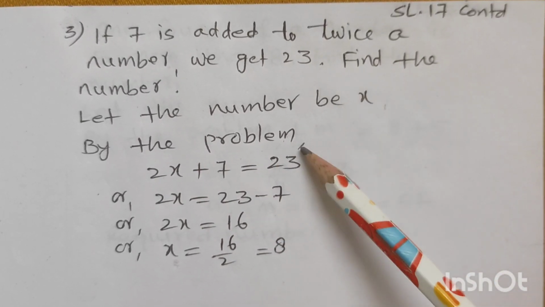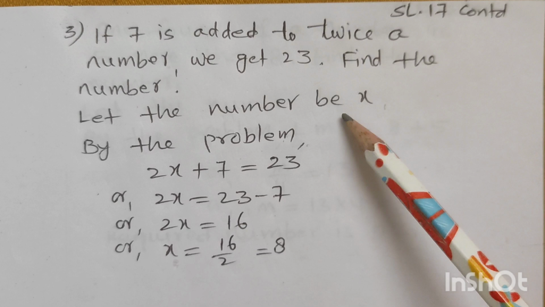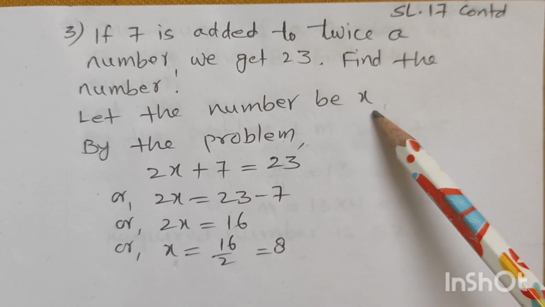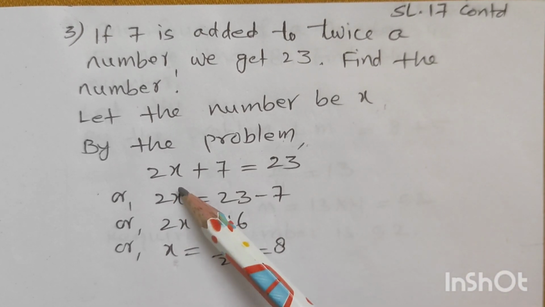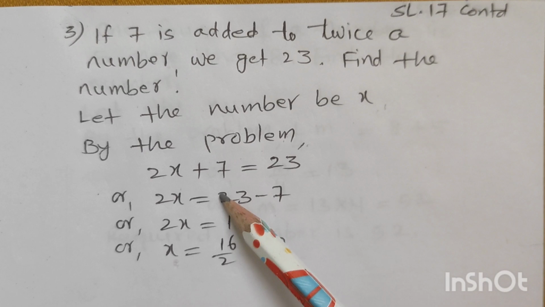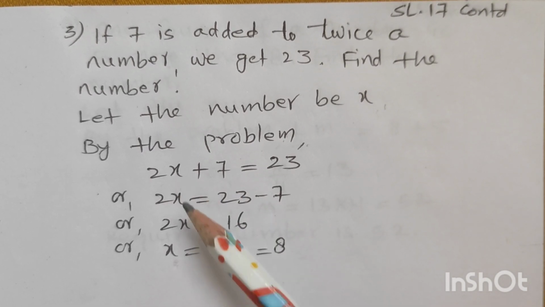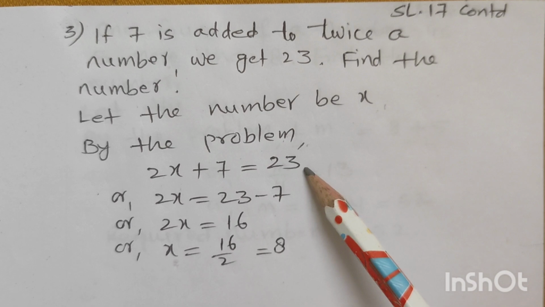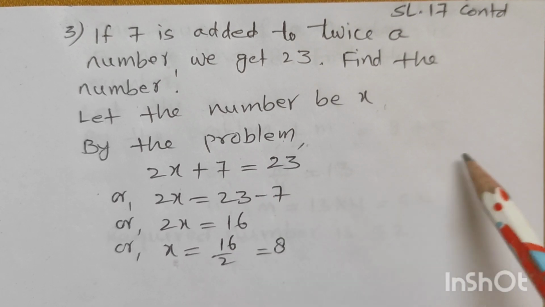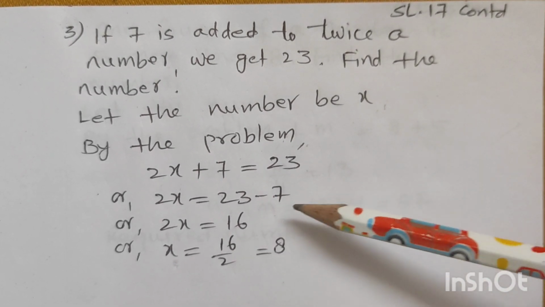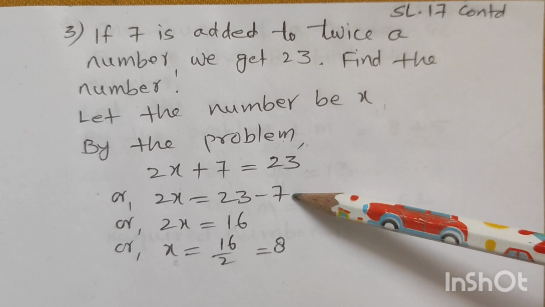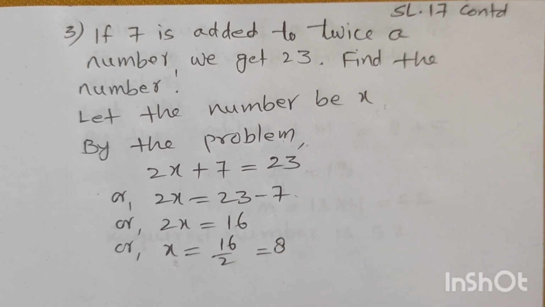Then as given by the problem, twice the number x, that is 2 into x, which is 2x, plus 7. 7 has been added to twice the number and we get 23. We write equal sign in between. By transposing, we solve it as we have seen earlier. So the value of x is 8. So the required number we say is 8.